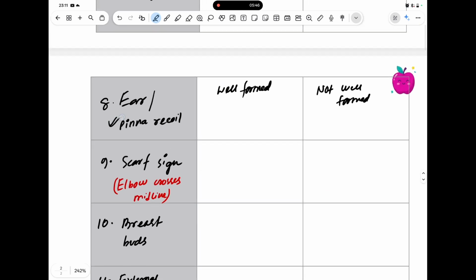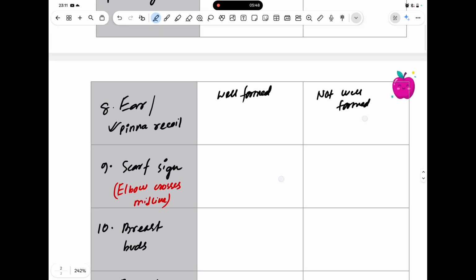Pinna recoil. In case of term, the pinna recoil is present due to well-formed cartilage. In case of preterm, since the cartilage is not well formed, pinna recoil is absent. This is term, preterm. Okay.